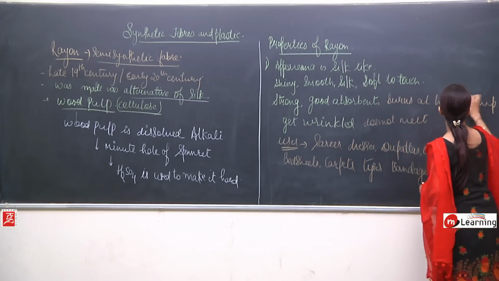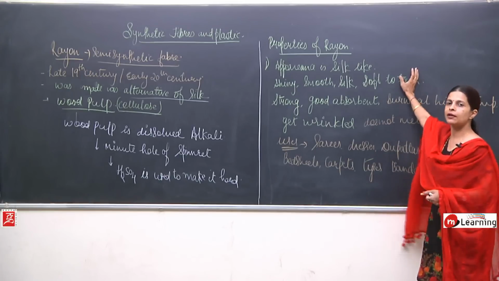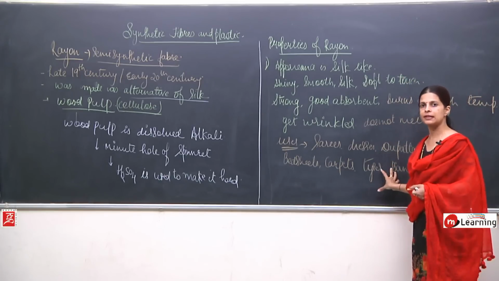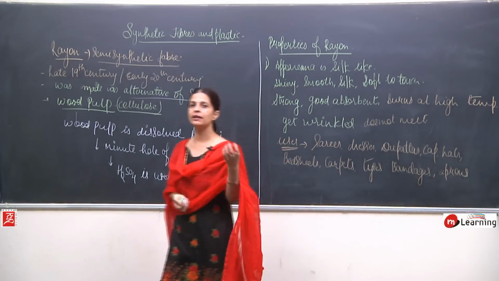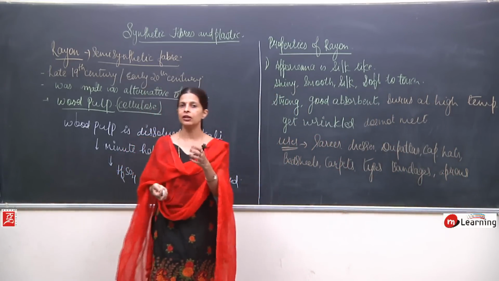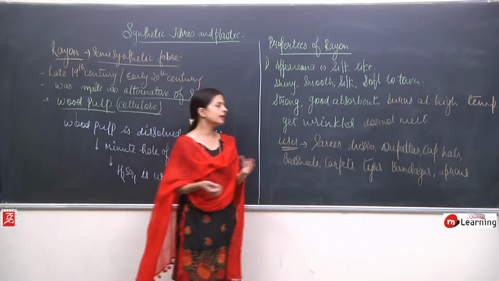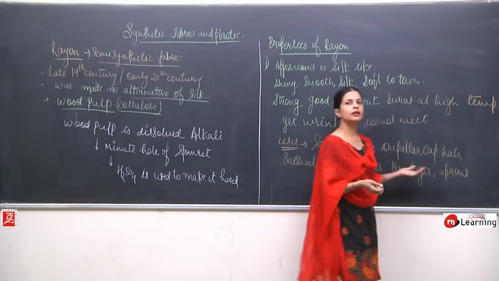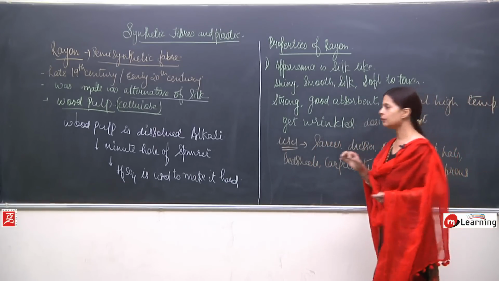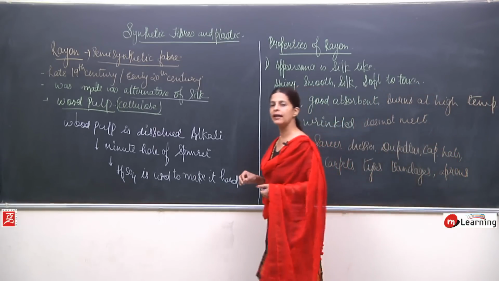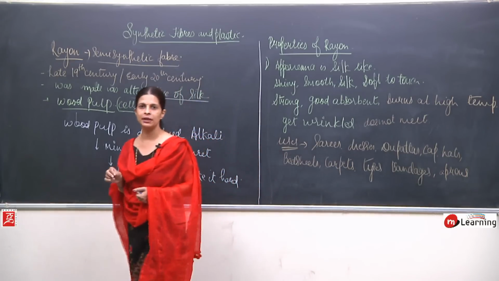So that is the thing: the properties decide the uses. If the fabric showed the property of melting, or sticking, or catching fire very easily, then it would never be used in making aprons. But that's not the case. It burns at a very high temperature, and basically it does not melt.